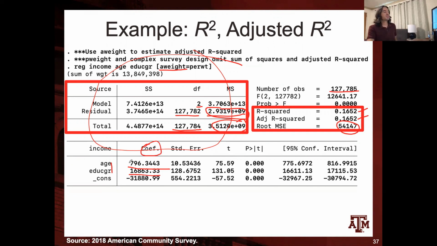And here I'm pretty much saying that age and education together explain 16.5% of the variation in income. Okay? And I don't interpret the adjusted R-square that way. This is just to compare different models. I interpret the R-square as this percentage variation in income that is due to variation in age and education.